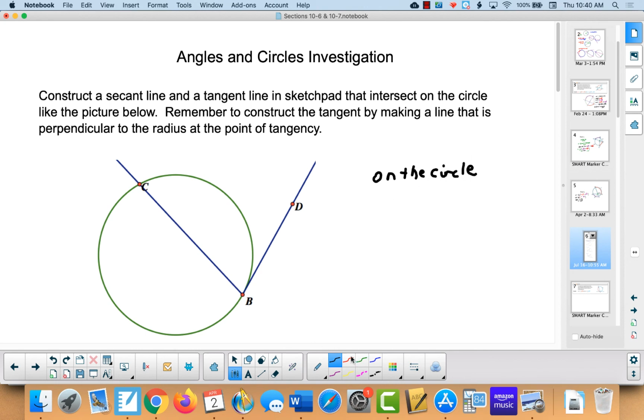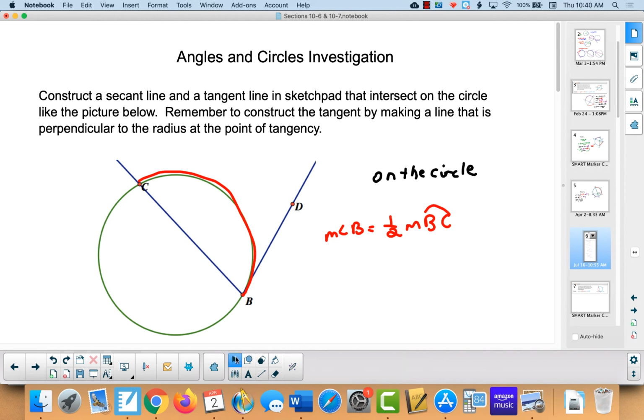And hopefully you found that when you measured this arc and that angle in Sketchpad, the measure of angle B was 1/2 the measure of its intercepted arc, BC. So just like the inscribed angles where the vertex is on the circle, these secant tangent angles where the vertex is on the circle have the same formula: the angle is going to be 1/2 the measure of the intercepted arc.